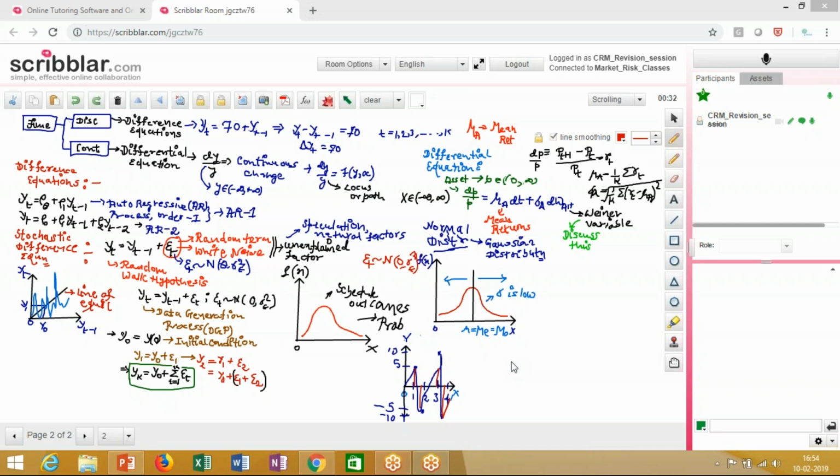Even in credit risk, what we do is try to predict the expected loss and the unexpected loss, right? But can we in any way say that an event will occur tomorrow which will create an unexpected loss?